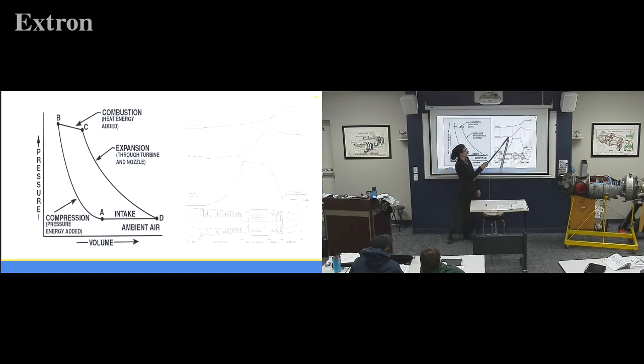Temperature, slight increase. And a little bit of increase in velocity. Then, through this section right here, what's the name for it? Diffuser.